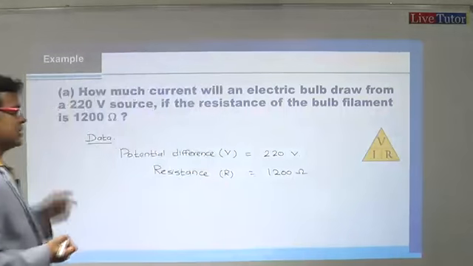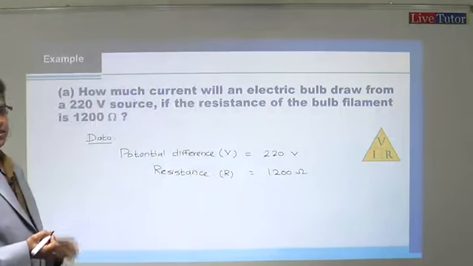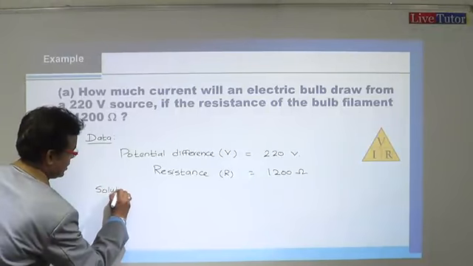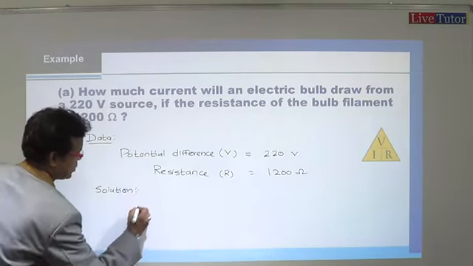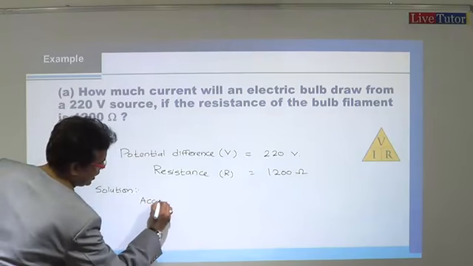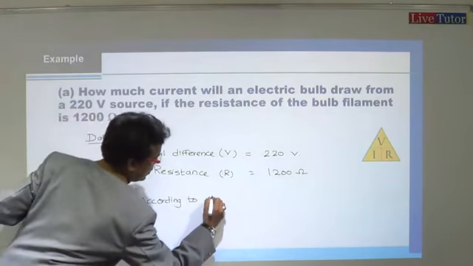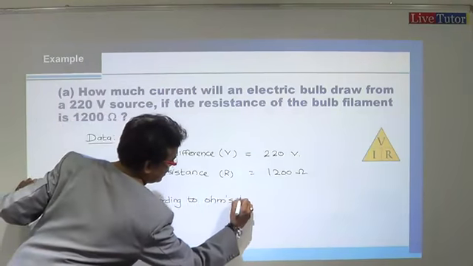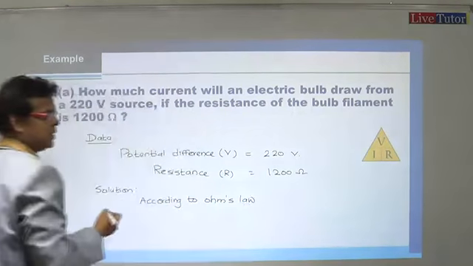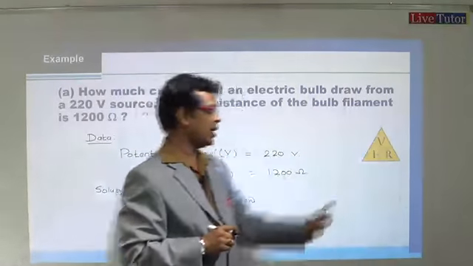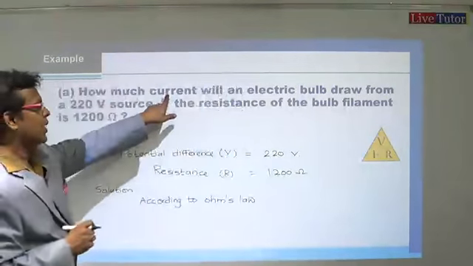Now what is the question they are asking? How much current? So we have to write according to Ohm's law. What Ohm's law says: V is equal to IR or I is equal to V by R. What we are asked to find out is only current.